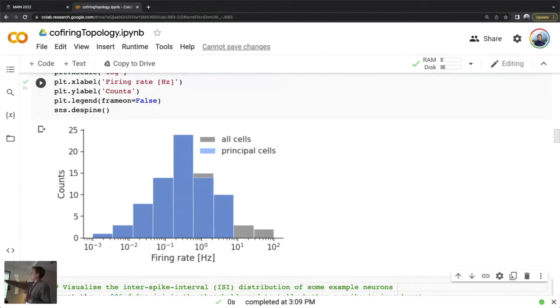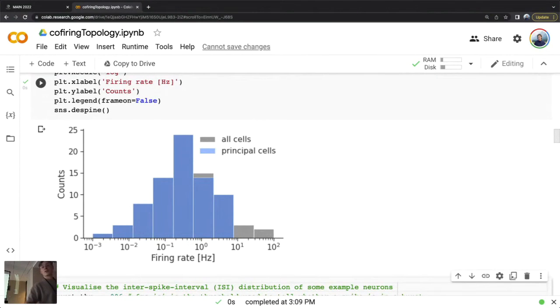So we have a log axis on the x, right? So it's normal, but only if we plot it on log scale. And this is basically the hallmark of a distribution which has the majority of units being very lowly active, so basically silent, and a small minority of very active neurons.